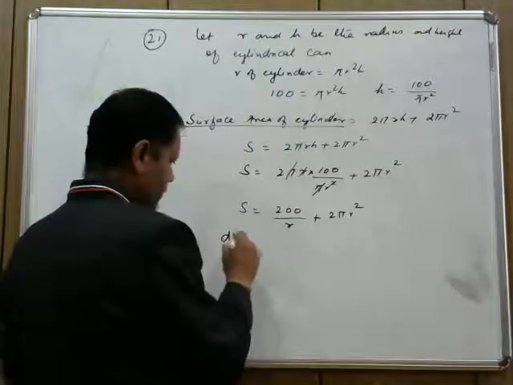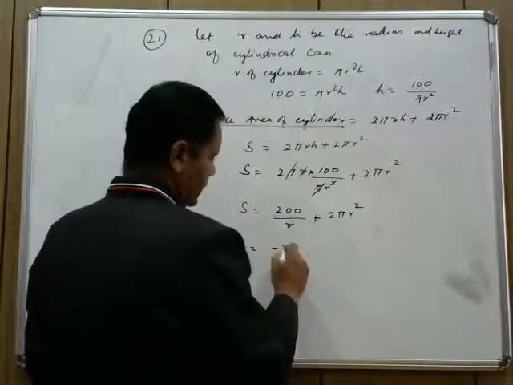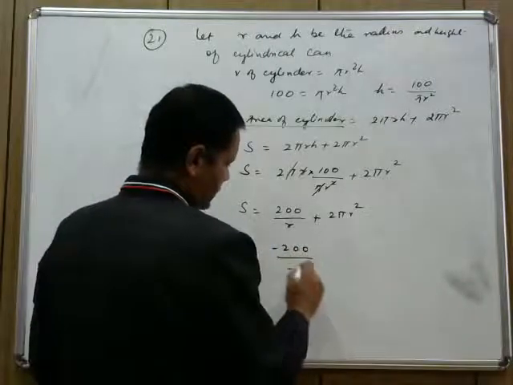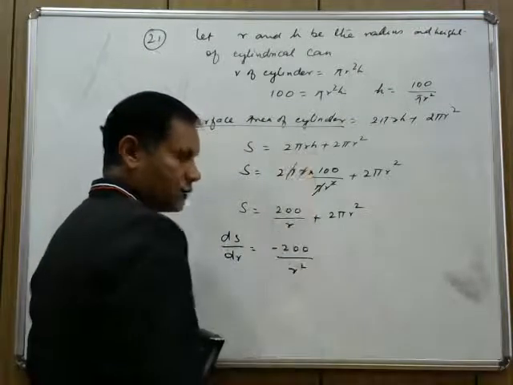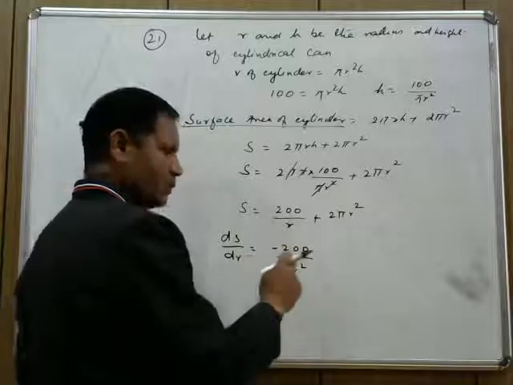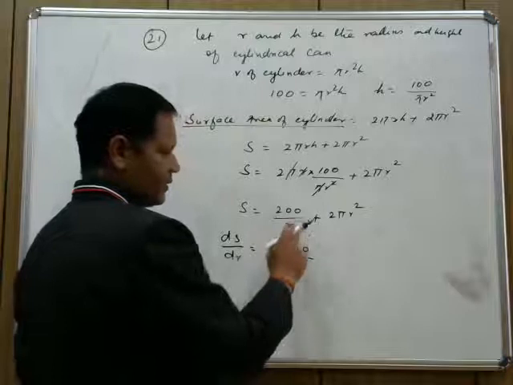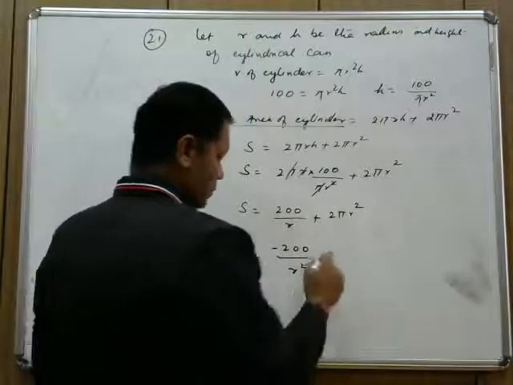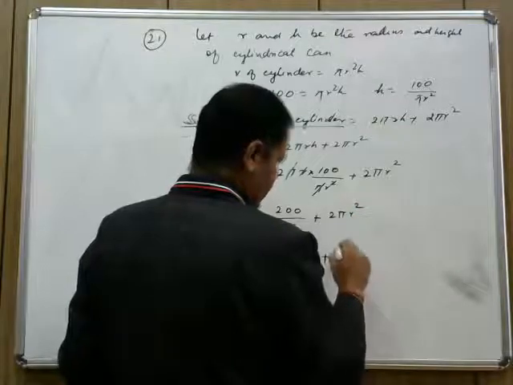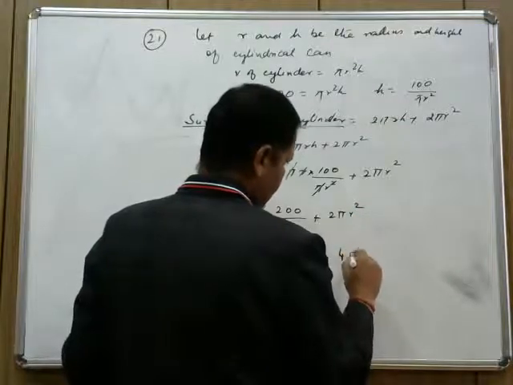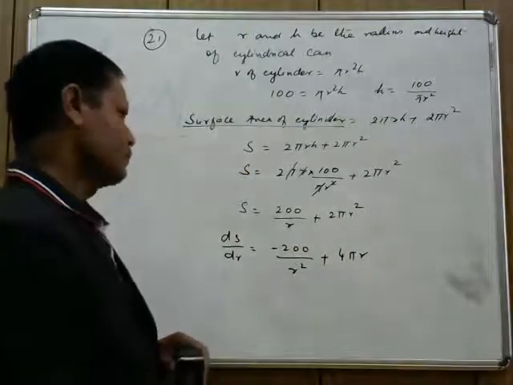Therefore now I will find ds by dr. So ds by dr is equal to minus 200 upon r square, since 200 is the constant and differentiation of 1 by r is minus 1 by r square, plus 2 pi is constant and r square differentiates to give 4 pi r. So ds by dr is minus 200 by r square plus 4 pi r.